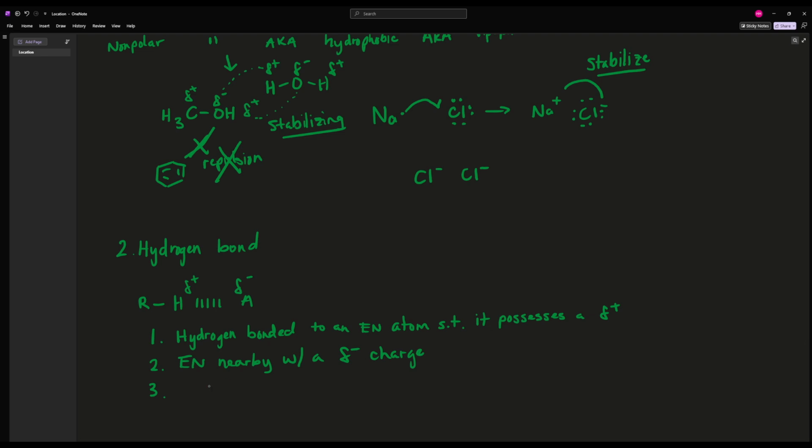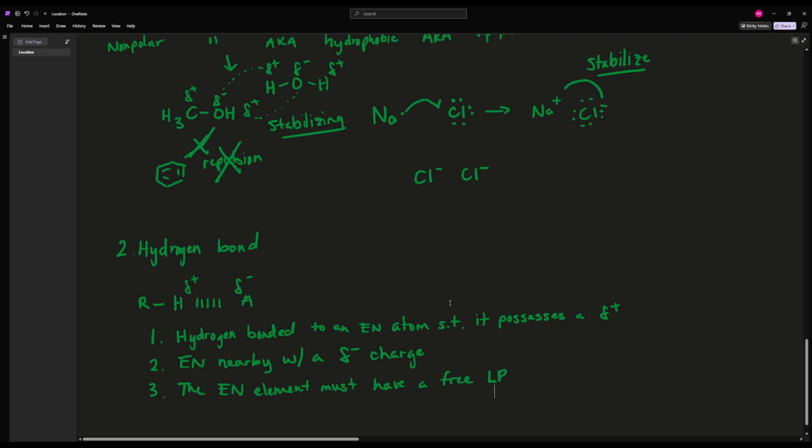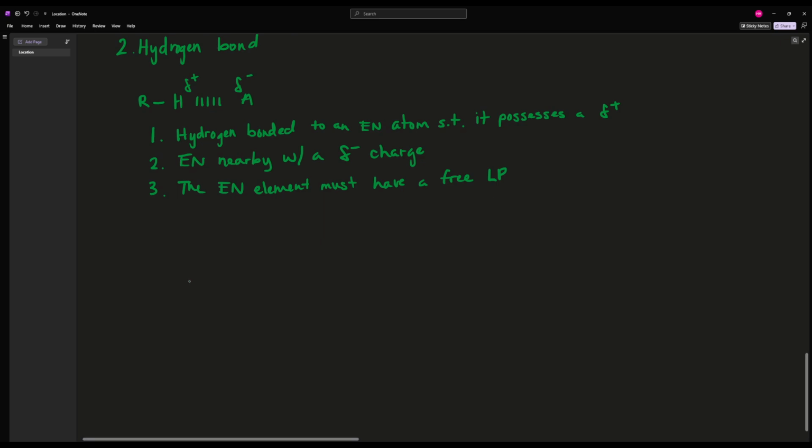The final thing that is sometimes skipped over, but it is important: the electronegative element nearby must have a free lone pair, as we've discussed earlier. So let's draw this out. Perhaps we have some molecule with an oxygen and a hydrogen.